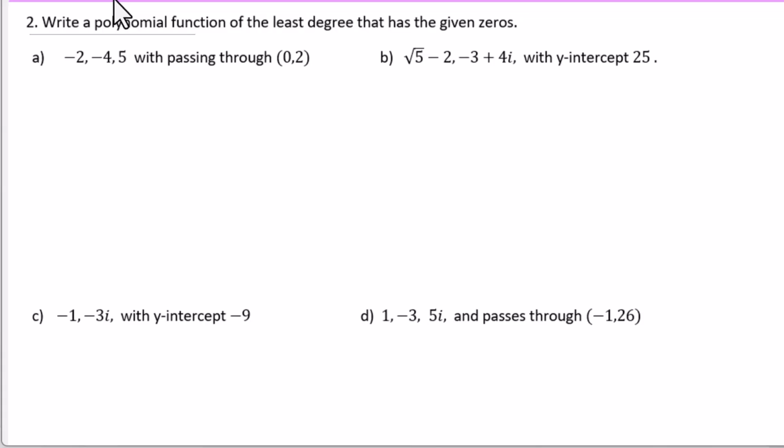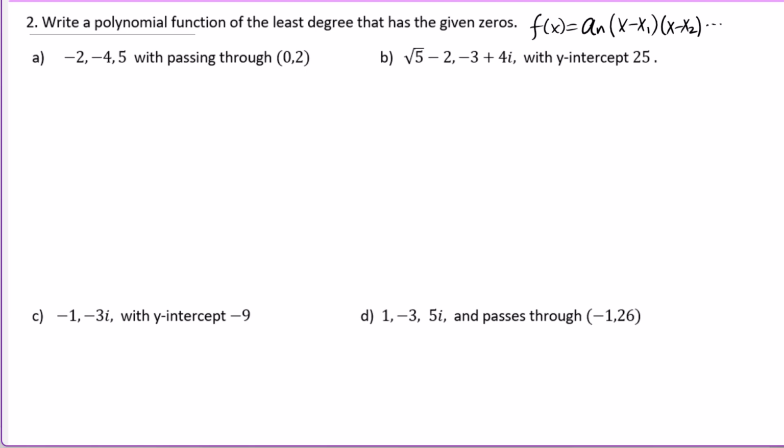Write a polynomial function of the least degree that has the given zeros. A. -2, -4, 5, with the graph passing through (0, 2). We will write down the factored form of a polynomial function: f of x equals a sub n times (x minus x1)(x minus x2), and so on.